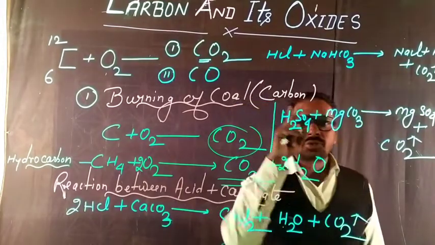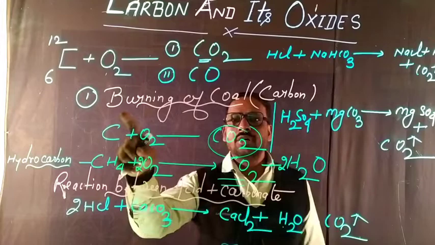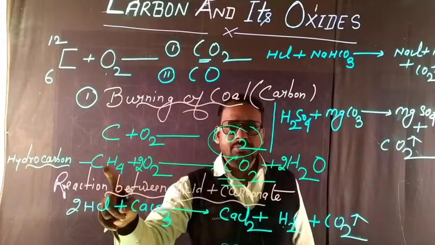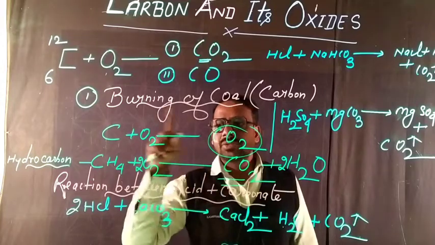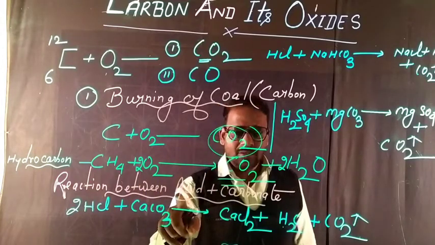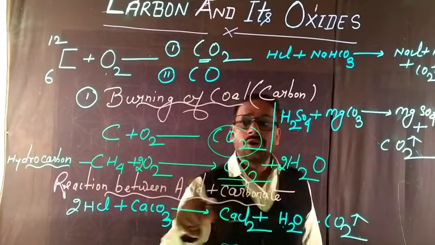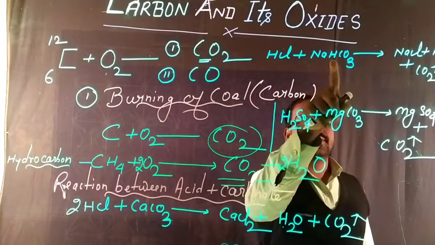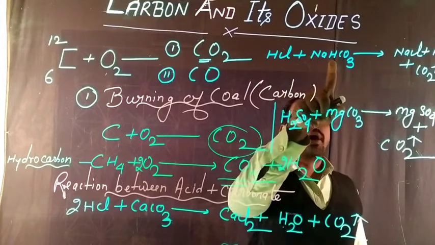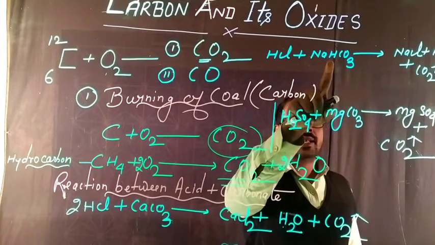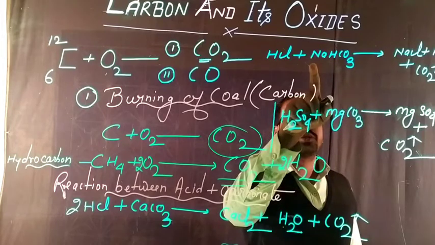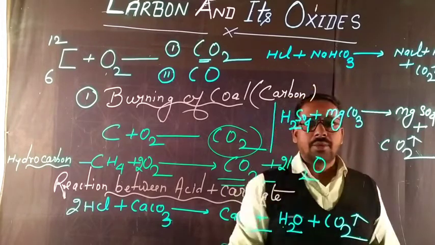So we have discussed two methods: the burning of coal, carbon or hydrocarbon, and the reaction between acid and carbonate or acid and bicarbonate. Here I have taken sodium bicarbonate, NaHCO3. You can say sodium bicarbonate or sodium hydrogen carbonate.